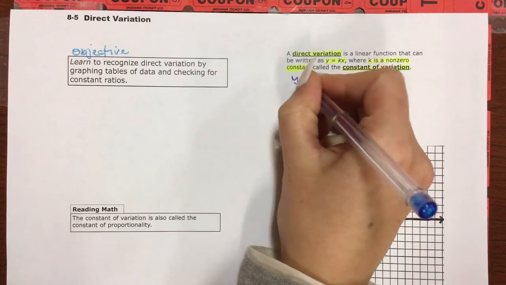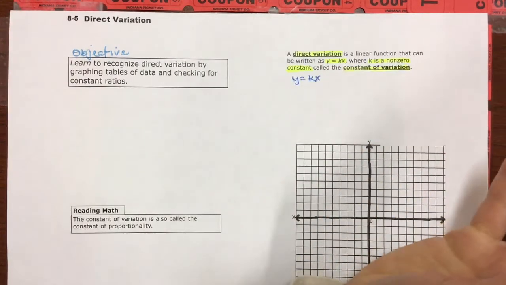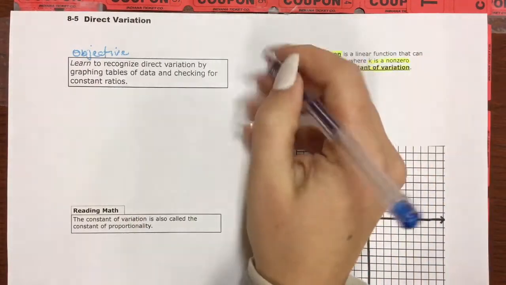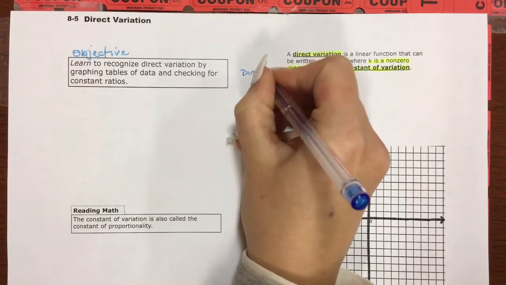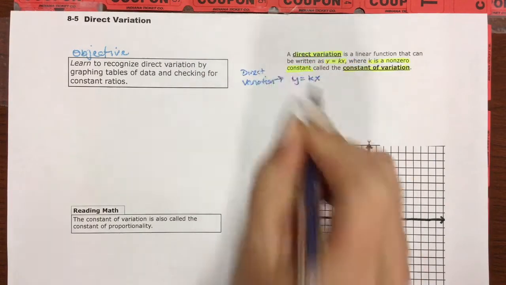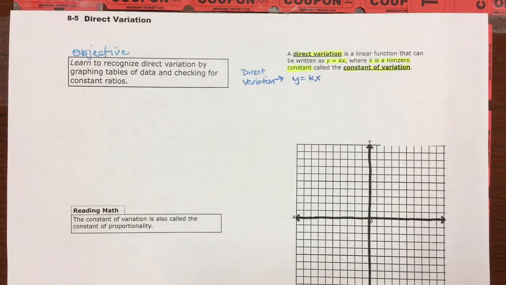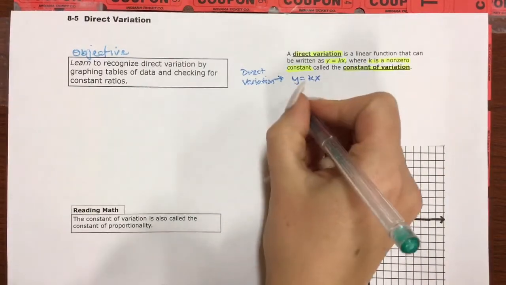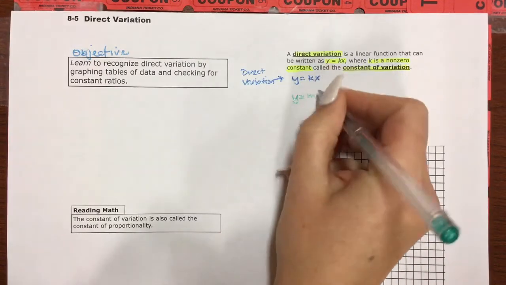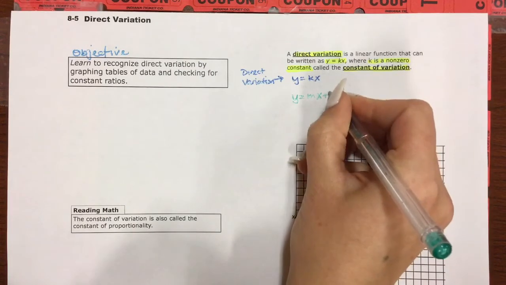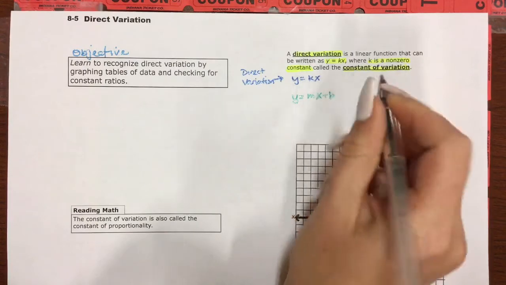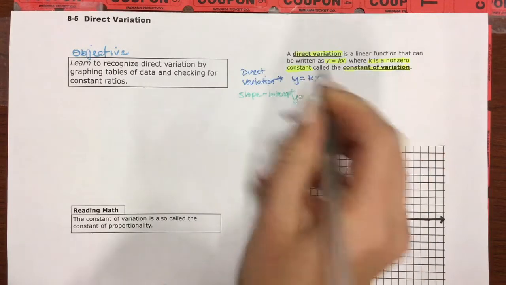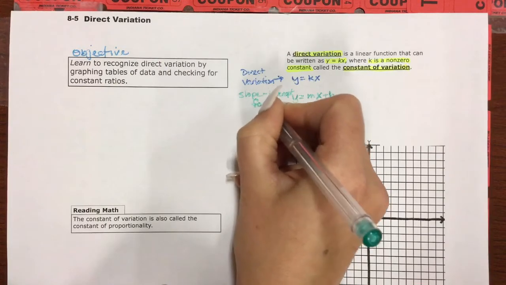If something is of the form y equals kx, that is direct variation. Now let's talk about one of the forms that we learned before, slope-intercept form, which is, remember, y equals mx plus b.